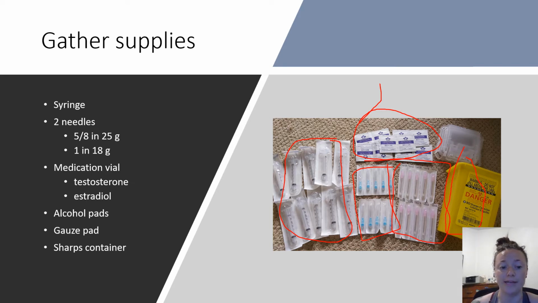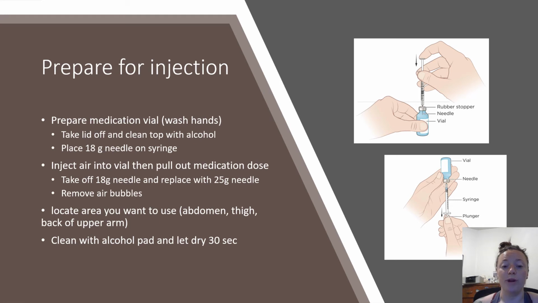Very important to get. So when you prepare for the injection, you want to wash your hands before you do anything. Take the medication out of the box, pop off the little lid, take your syringe and attach it to the 18 gauge needle, being careful not to touch the end of the syringe or the end of the needle. You don't want to contaminate that.